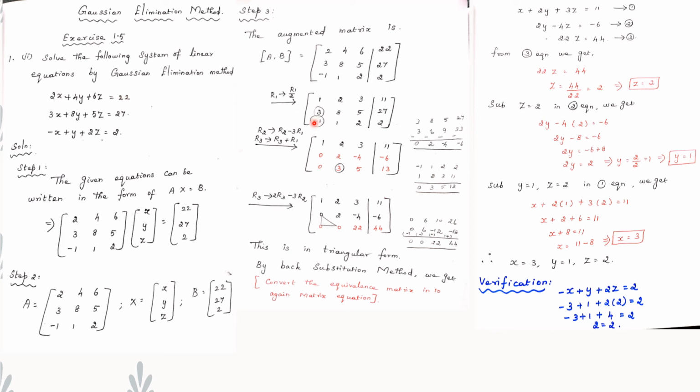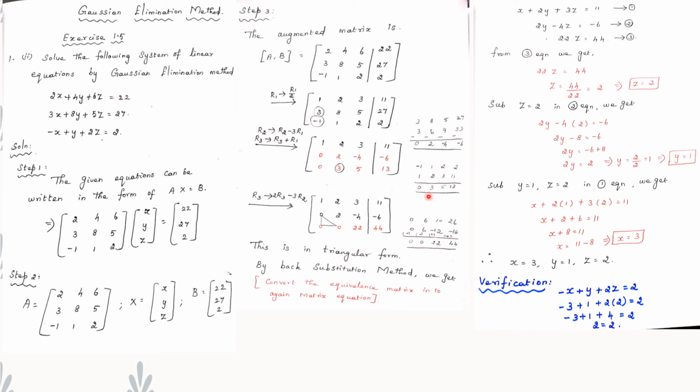Then we are going to convert the matrix into triangular form. We already know that for this triangular form, we convert the second row first element and third row first element to 0 by using R1. Here we are changing R2 and R3 by using the R1 operation.